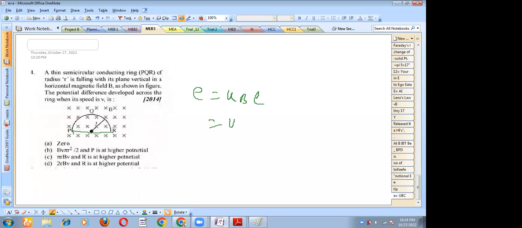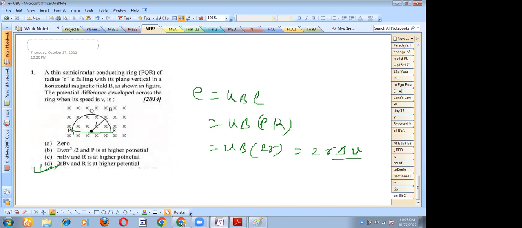What will be L here? L will be PR, the displacement. What is PR? 2R. So the correct answer is D.